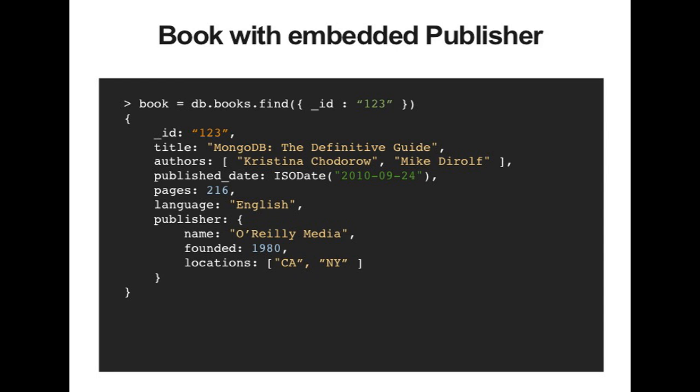We've chosen here, now perhaps a little controversially, to embed publisher right inside the book. Now, at first, this probably causes a lot of discord for traditional relational development because the book and the publisher is not as strong a one-to-one belongs to relationship as what we saw before, for example, like with favorite genres.